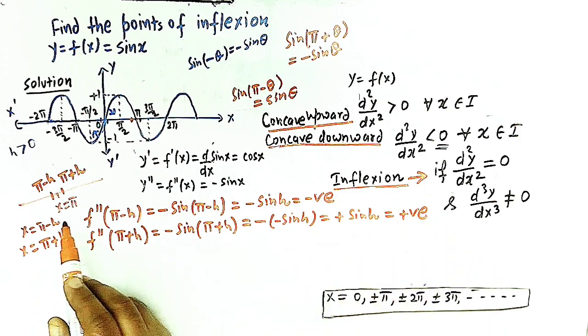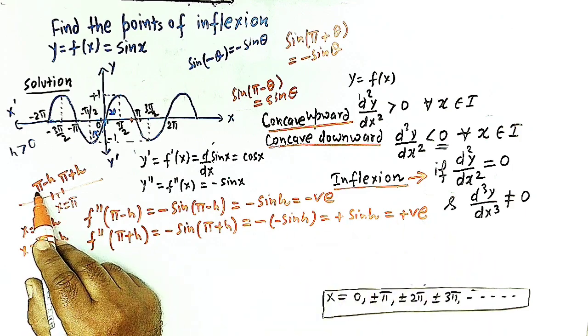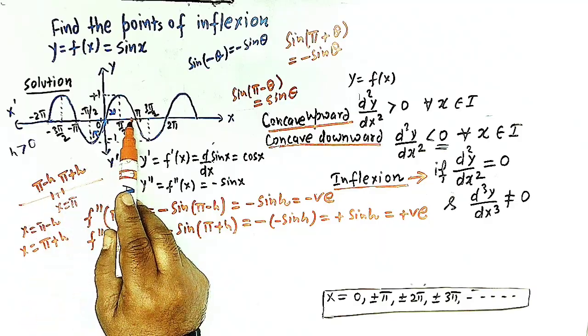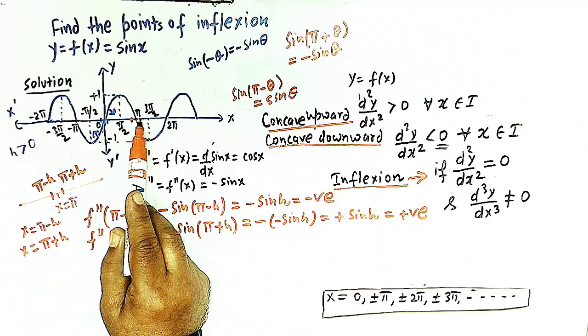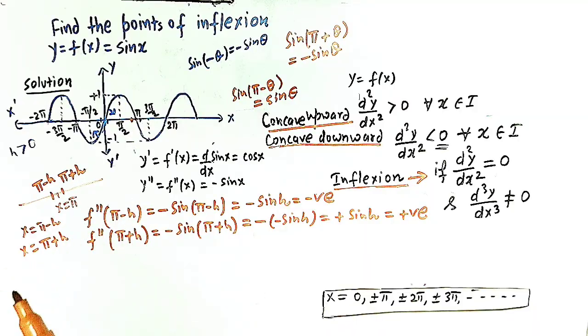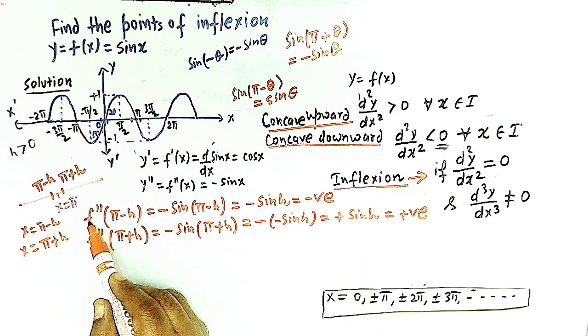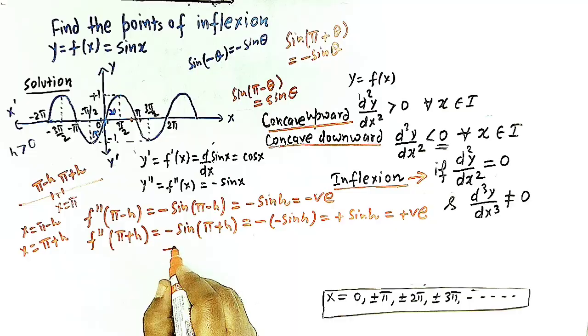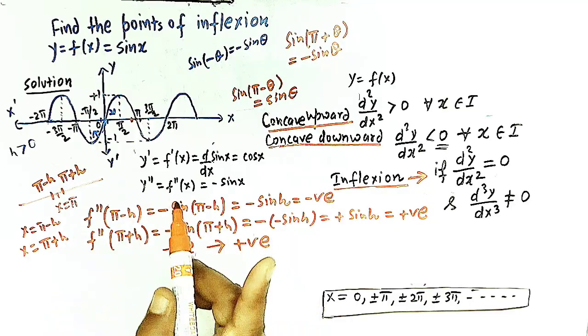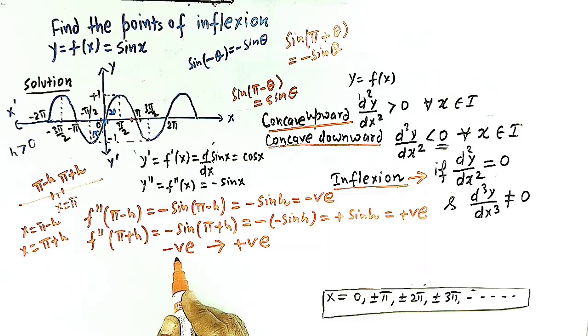So when we go through x is equal to pi, from pi minus h to pi plus h, the sign of the second derivative goes from negative to positive.